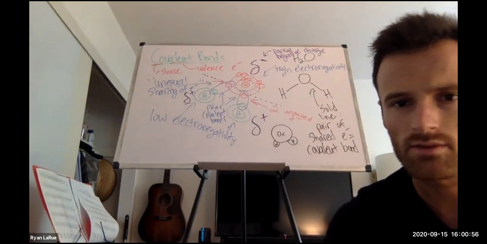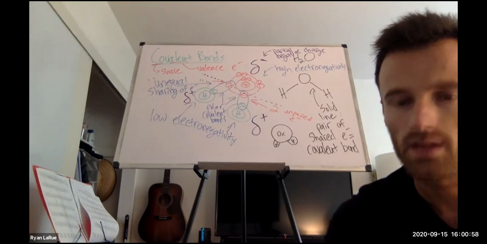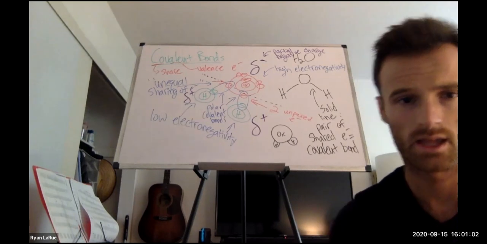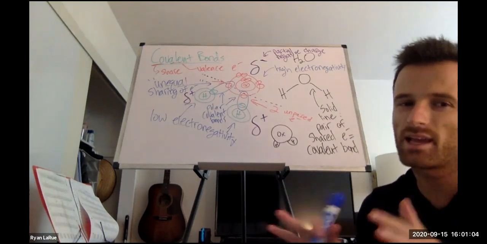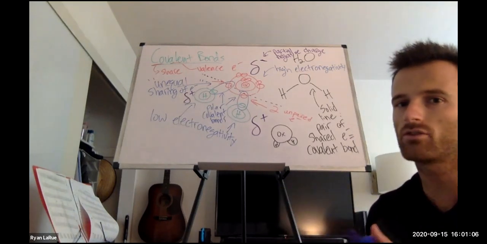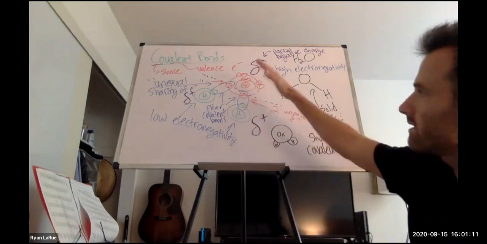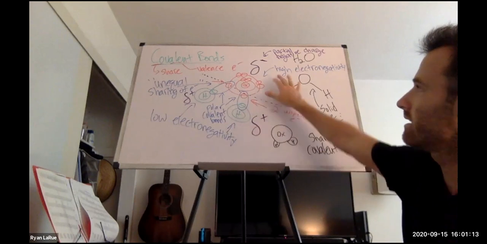Whenever there is a difference, yes, if there's a large enough difference in electronegativity, it gets kind of complicated, Grace, because geometrically there has to be a positive side and a negative side.